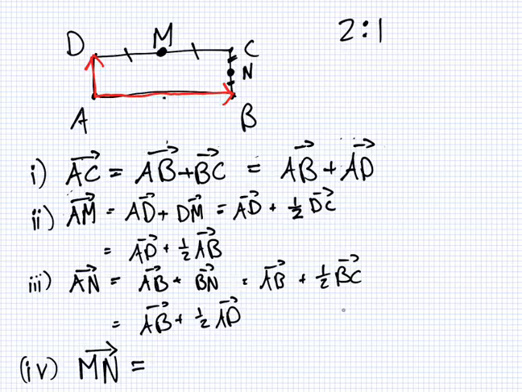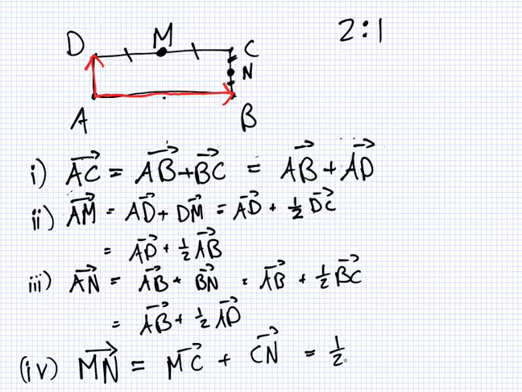Let's have a look here at MN. Now, there's a couple of ways of doing it. So the first way to do it is you look at the diagram. This is MC plus CN. What's MC?